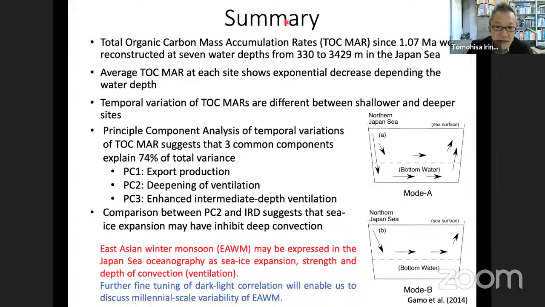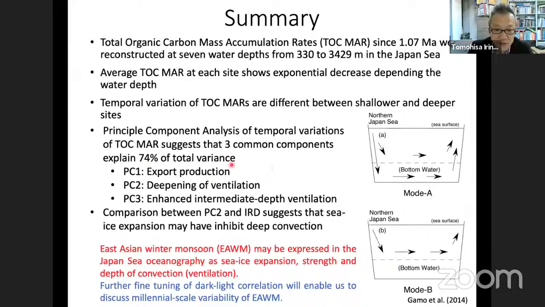Anyway, I reconstructed the spatial and temporal variability of the total organic carbon in the Japan Sea basin for the last 1 million years. The reconstruction itself looks reasonable, and the fluctuation patterns are classified into 3 principal components.